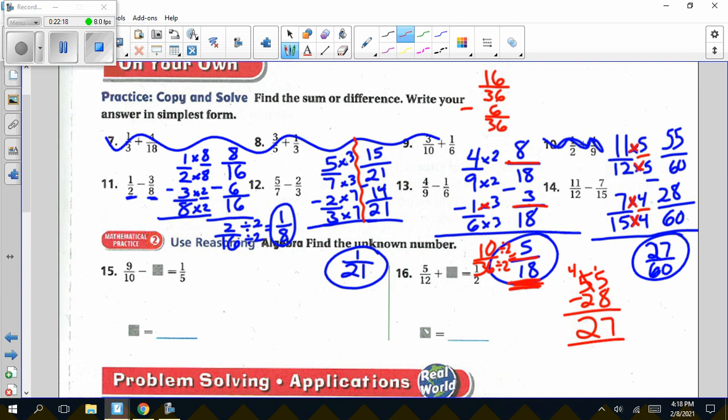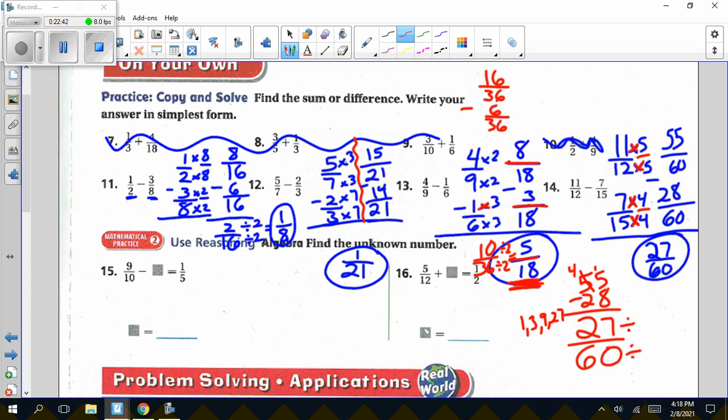Now, that's a good answer, but we want to see if we can put that into simplest form. So what can we think of that goes into 27 and also goes into 60? Well, I was thinking for 27, we had 1 times 27 and 3 times 9.